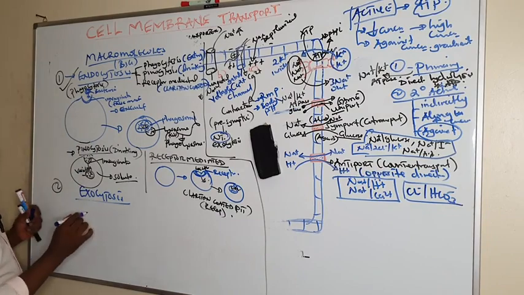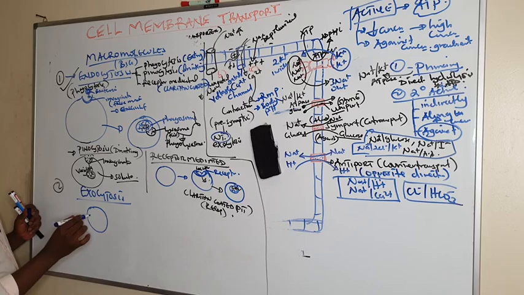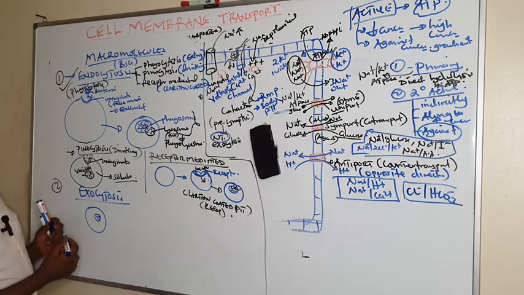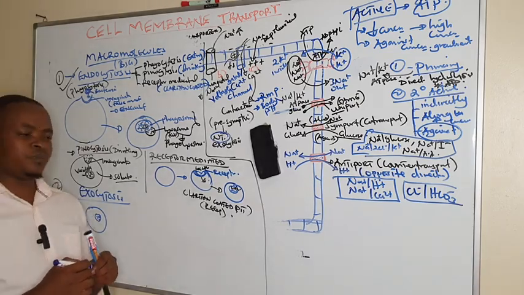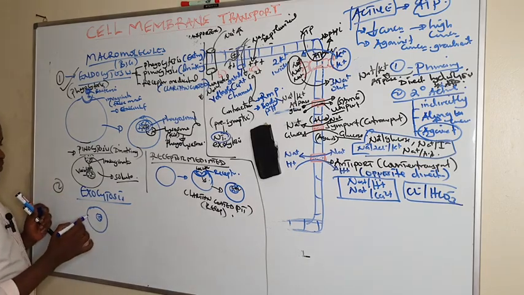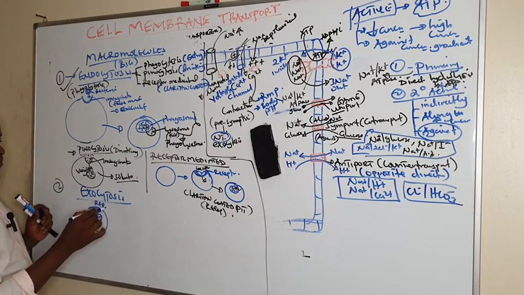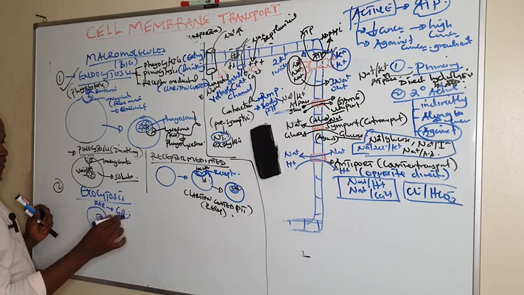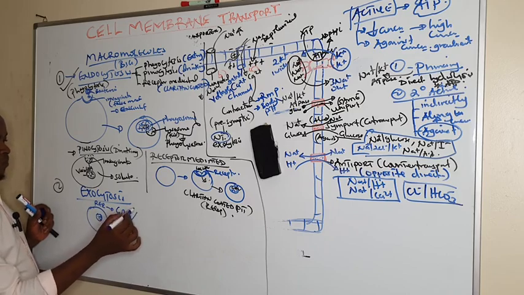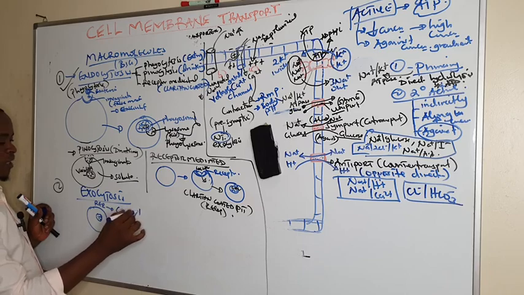If I have a cell and the cell has something inside in a vesicle, this applies to the endomembrane system, whereby substances which are produced by the rough endoplasmic reticulum are taken to the Golgi apparatus or the Golgi complex. The Golgi has the role of packaging.